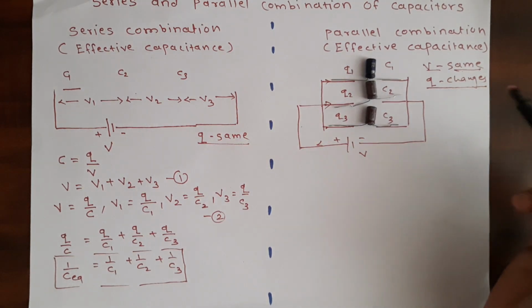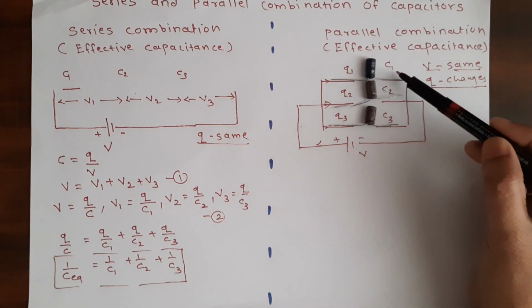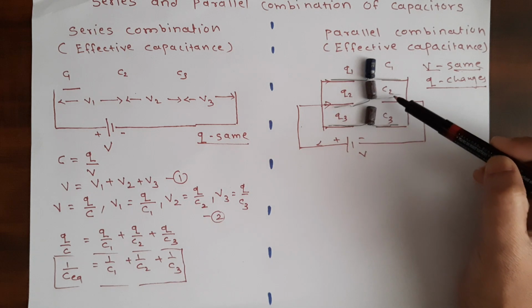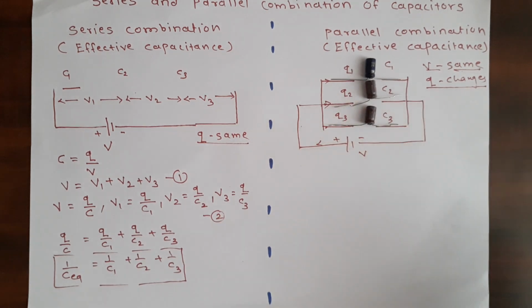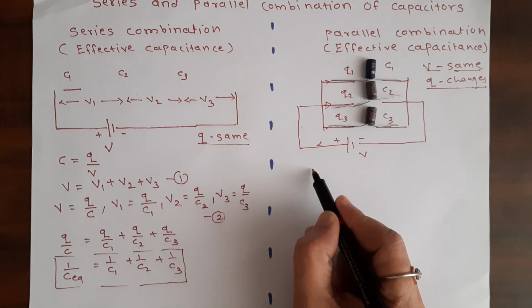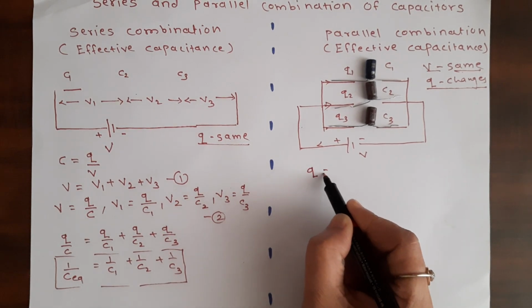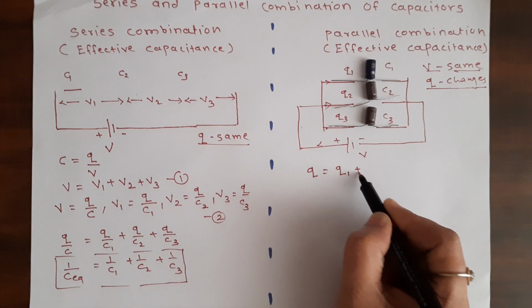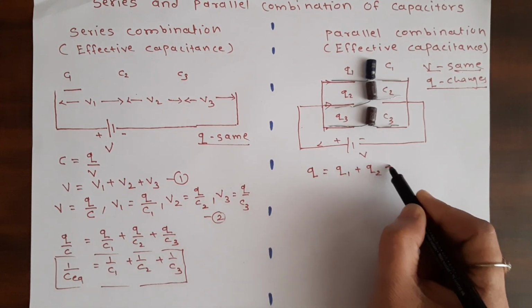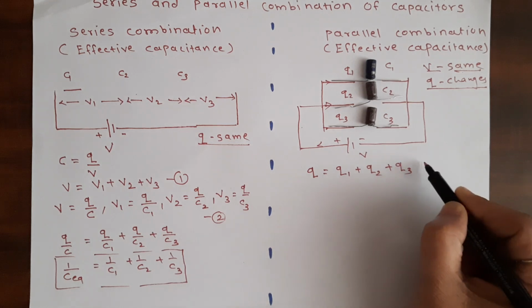So the charge across capacitor C1 is Q1, across C2 is Q2 and across C3 is Q3. So the equation for the parallel combination is in terms of charges, and that is Q equals Q1 plus Q2 plus Q3.